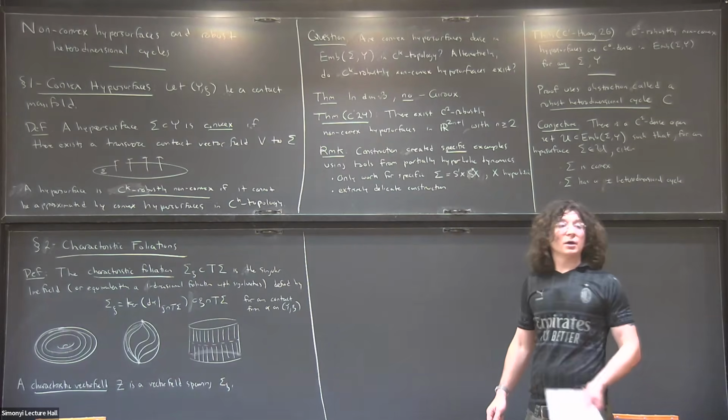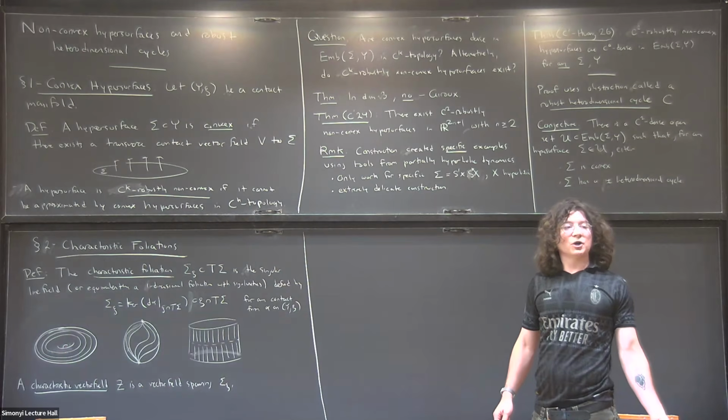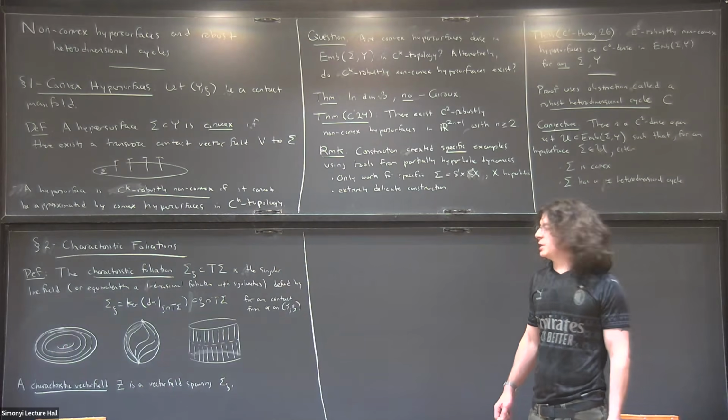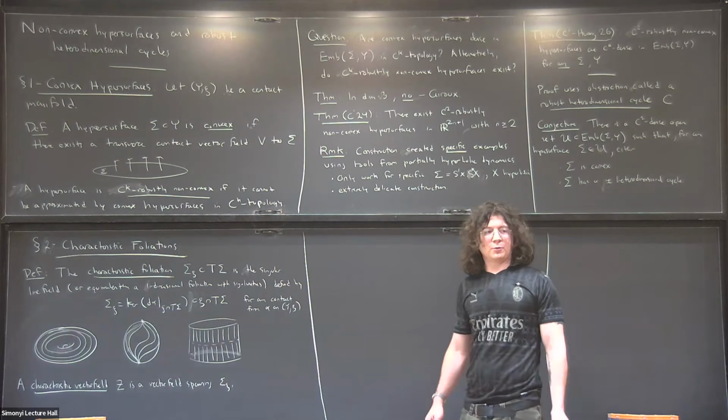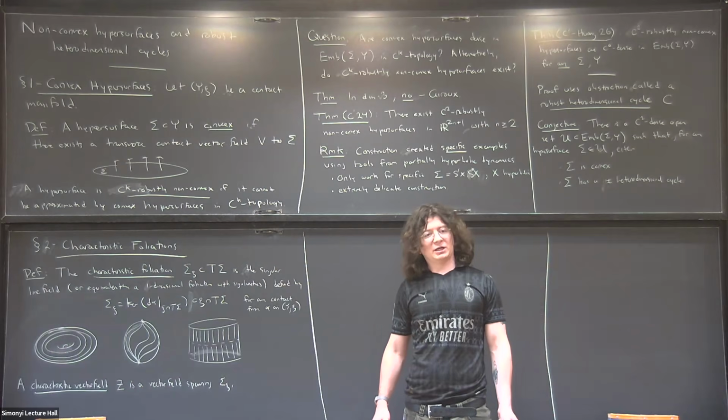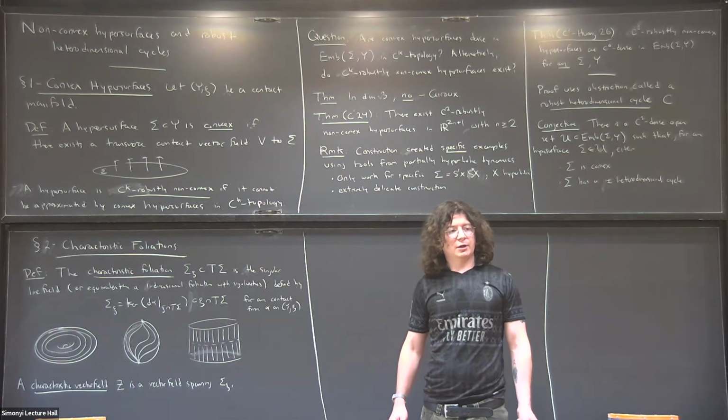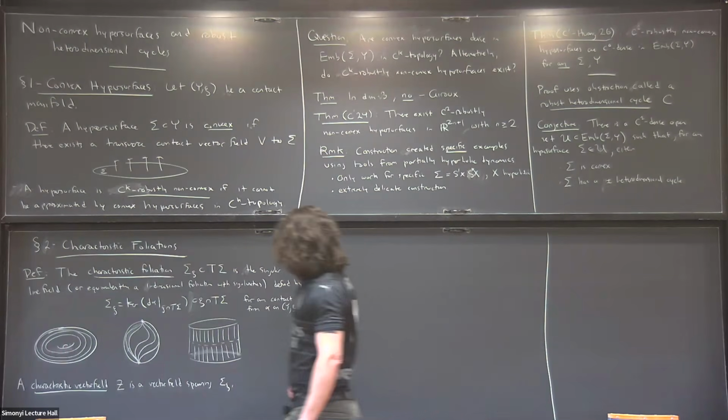If you fix a contact form, is there a natural choice? No, actually the thing that fixes one is if you fix a volume form. If you fix a volume form and a contact structure, then there's a canonical choice. So maybe I'll write it down for you.